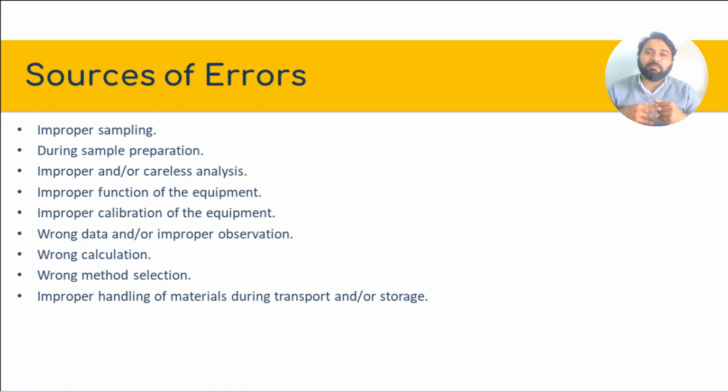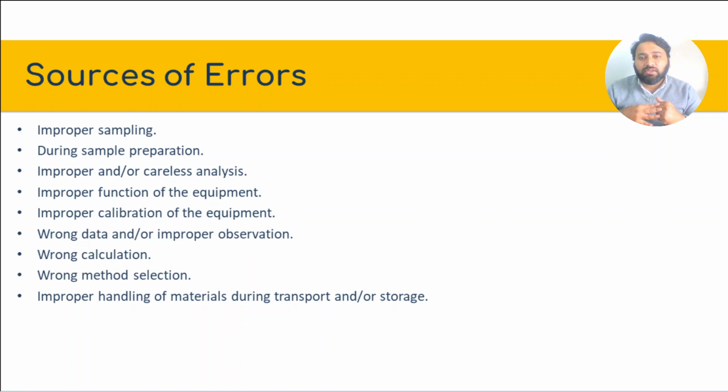Wrong data and improper observation: if you observe improperly, or you get wrong data because of fluctuation in the voltage or a sample problem, this is also a source of error. Wrong calculation: if you use the wrong formula, this will be a source of error.